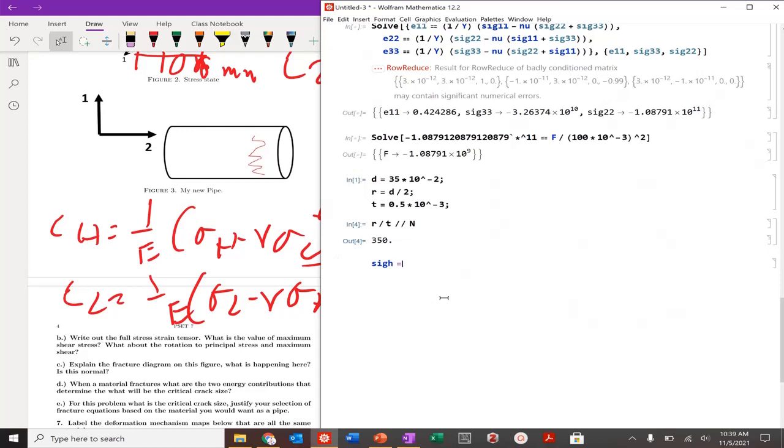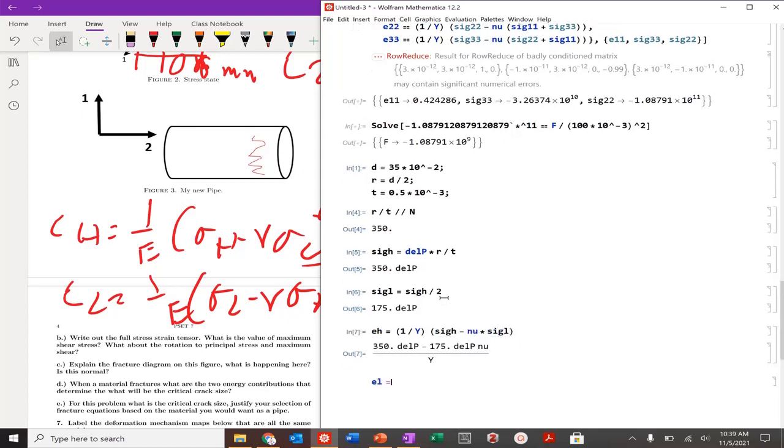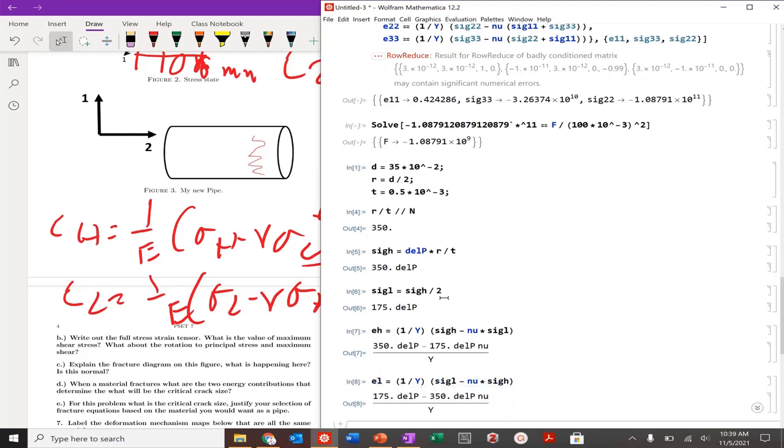Sigma H is equal to delta P times R divided by T. Sigma L is equal to sigma H divided by 2. My epsilon H is equal to 1 divided by Y times sigma H minus nu times sigma L. My epsilon L is equal to 1 divided by Y times sigma L minus nu times sigma H.